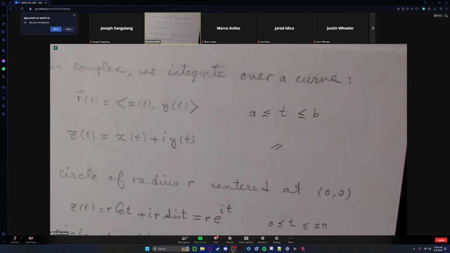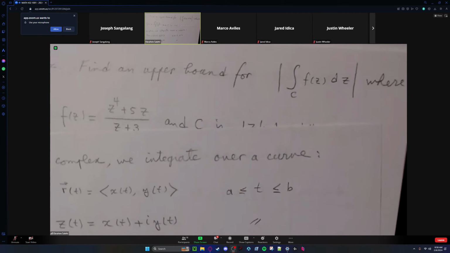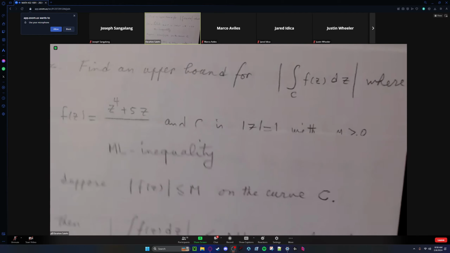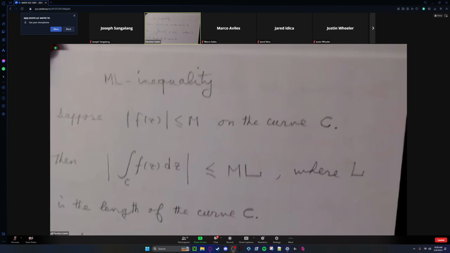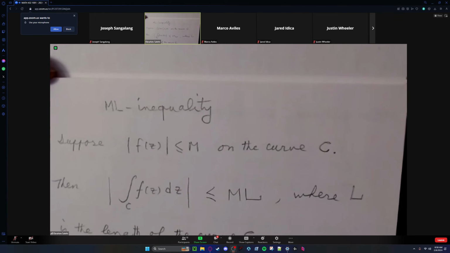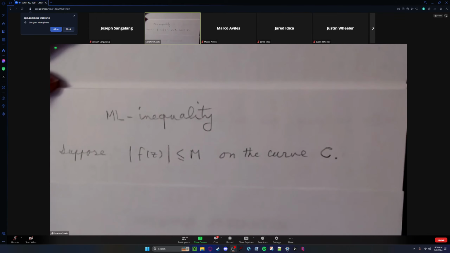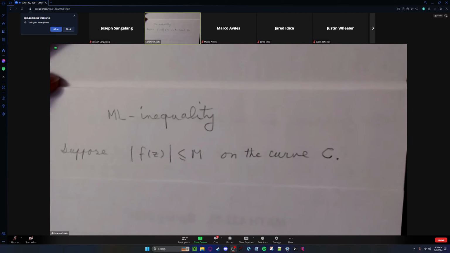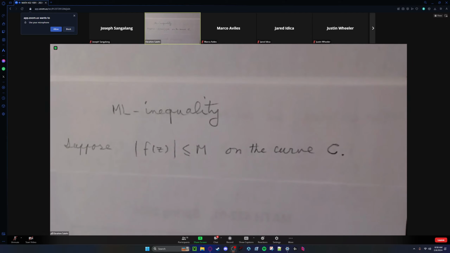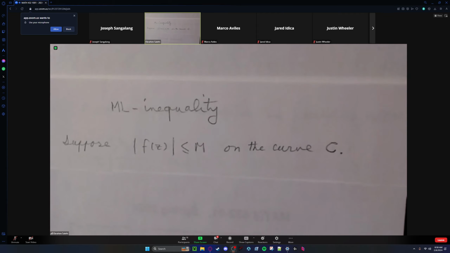This is what I'm going to talk about next, which is called the ML inequality. All right. So suppose on that curve, the function is bounded. Oh, please remember, in complex, we don't have inequalities for complex numbers.